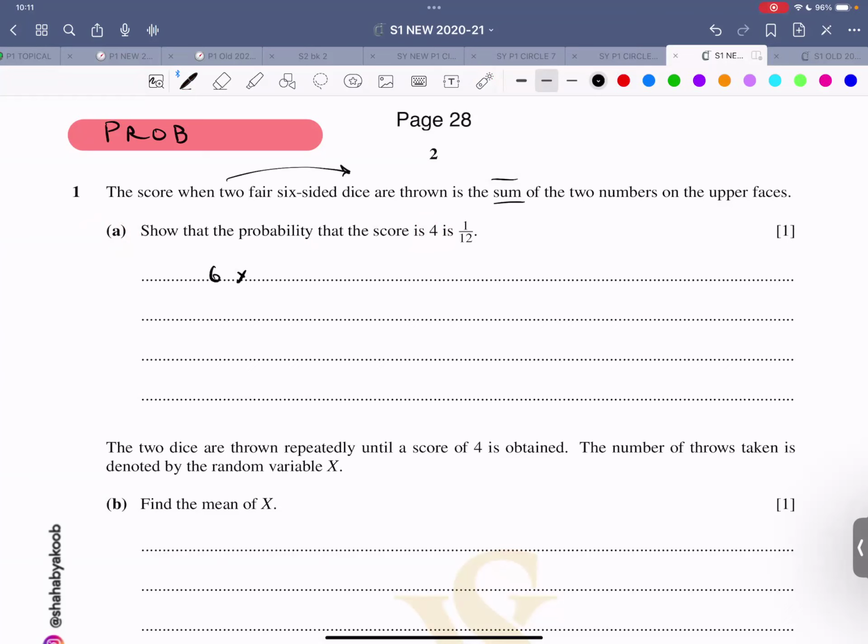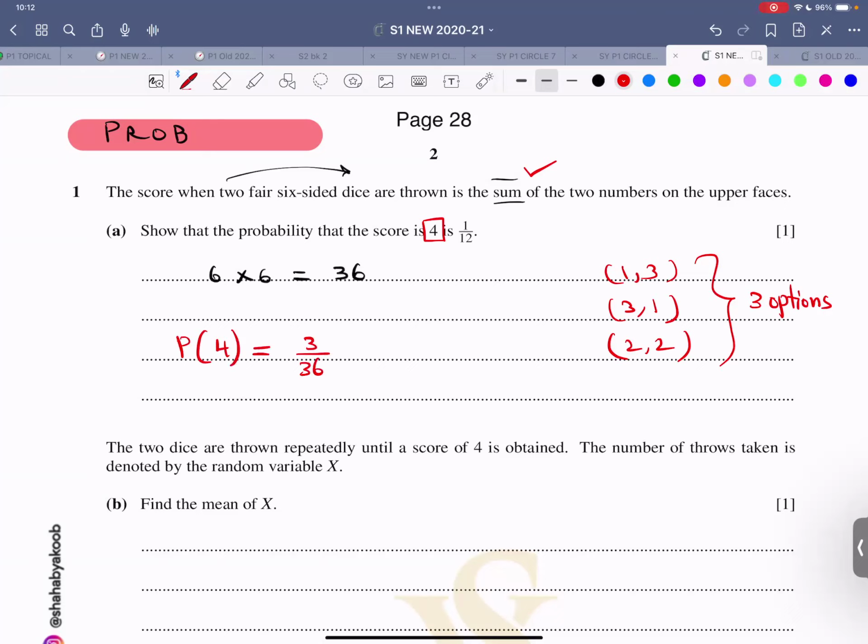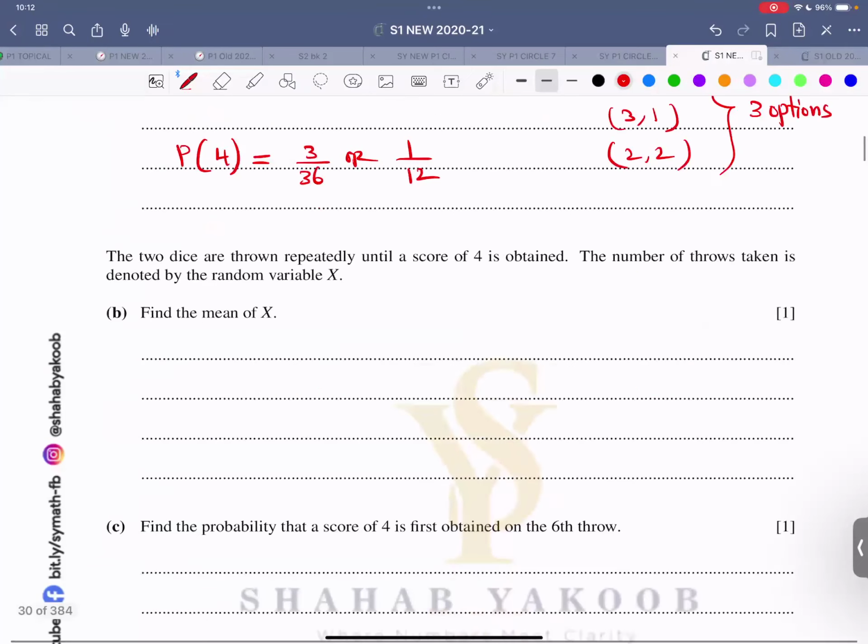So we know that the number of possible outcomes is 6 times 6, that is 36. How can we obtain a 4? A 4 can be obtained as a sum of 1, 3 or 3, 1 or 2, 2. You don't have to draw the whole diagram. So 3 ways are there. Therefore, the probability of getting a score of 4 is 3 over 36, which comes out to be 1 over 12, and that is what's written over here. So the first part is done.